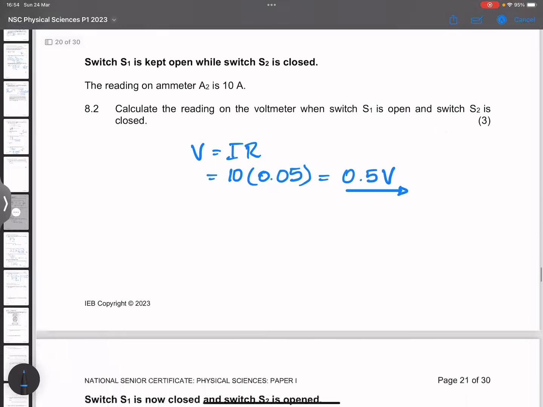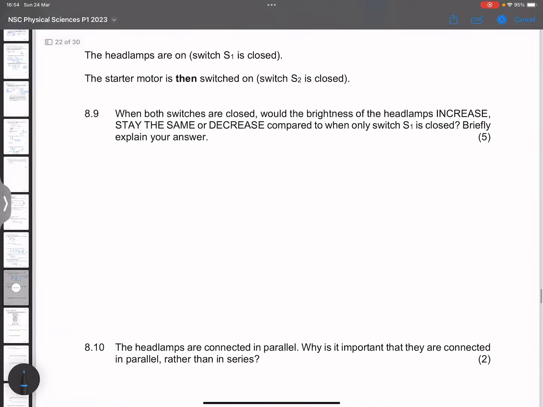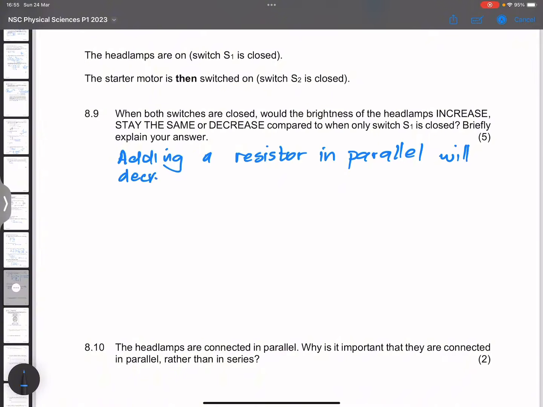According to Ohm's law, current is, okay, let me just explain there. So adding a resistor in parallel will decrease the effective resistance, right?